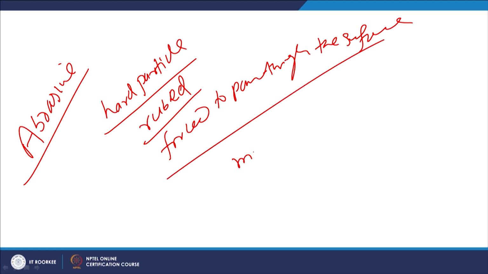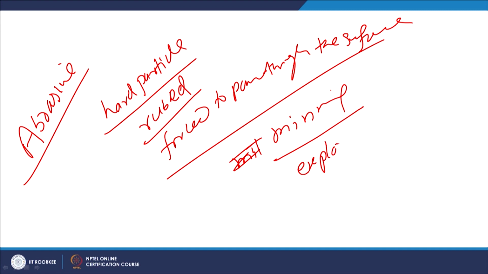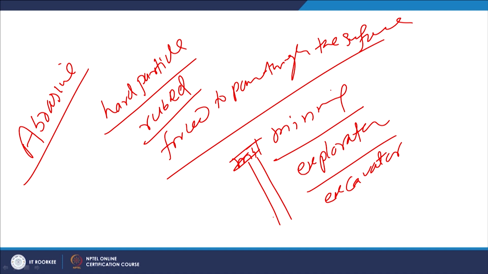So, it can happen in all those components which are used in the mining industry, drill tools used in the petrochemical industry for exploration, drilling the hole, and earth moving components like excavators, which are used for digging the soil and for creating various types of constructional features.